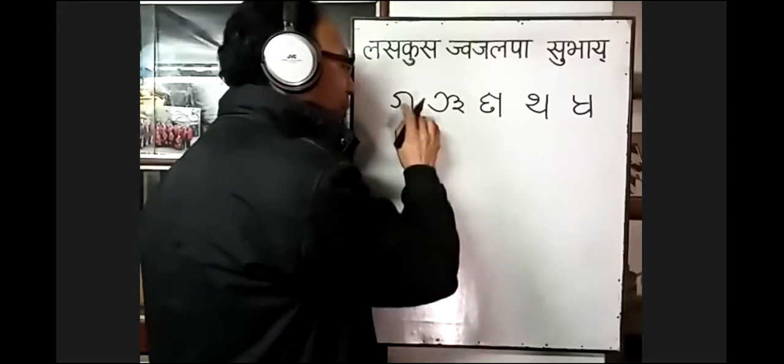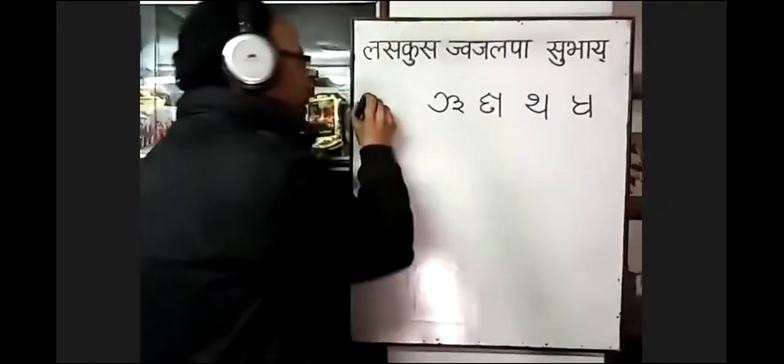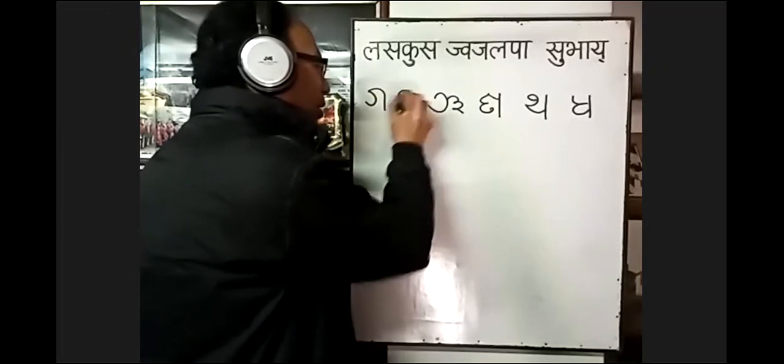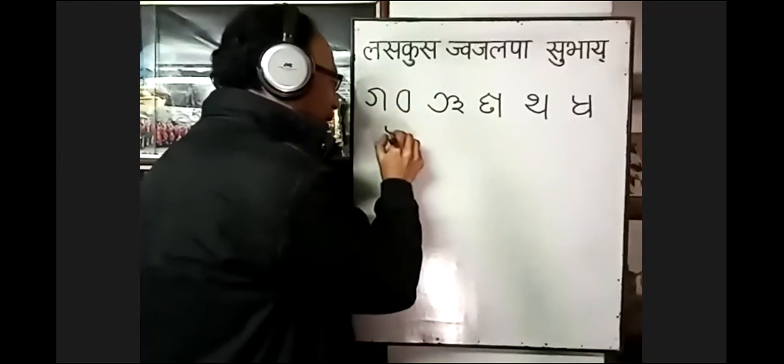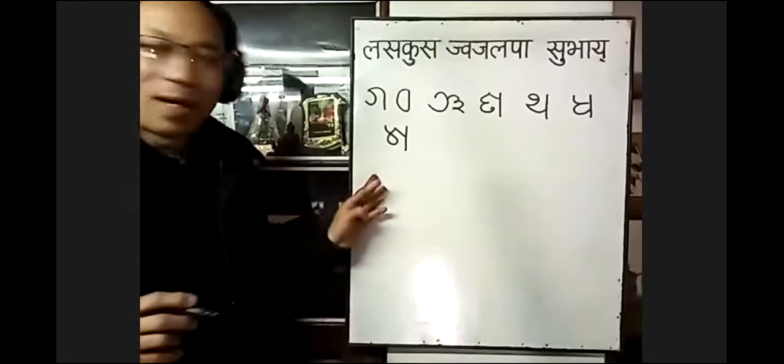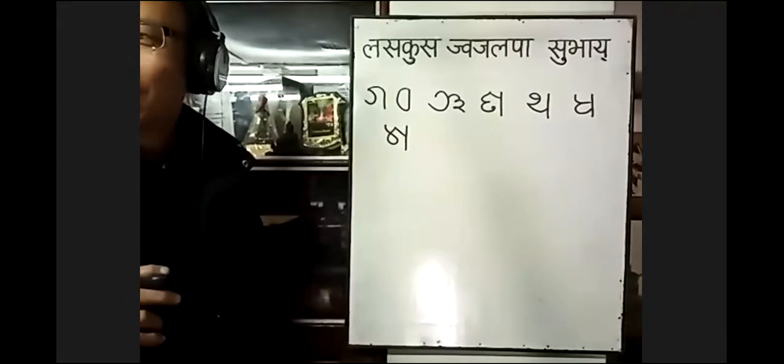Okay, I forgot one letter. I also get confused. This ga, this ta, and the last letter. All these letters are mo madugo akha, right?